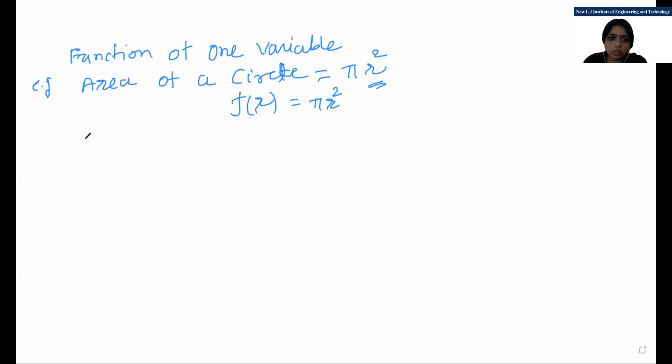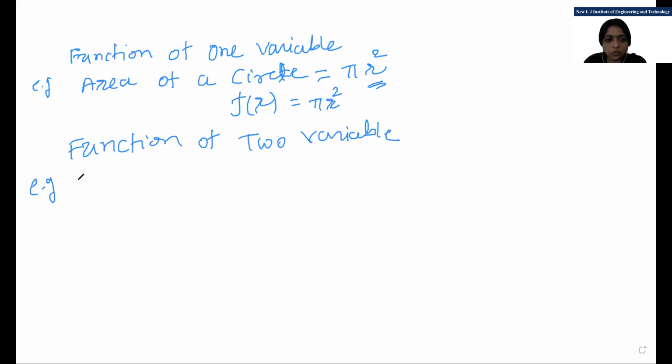So let's move to function of two variables. What about the function of two variables? Let's take one more example, the area of a rectangle, that is x into y.